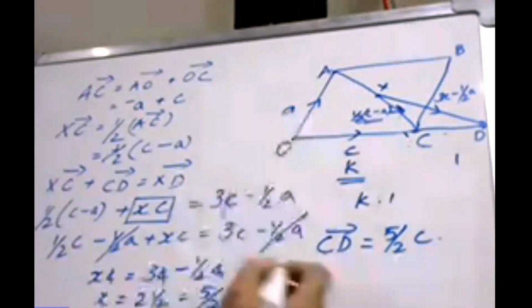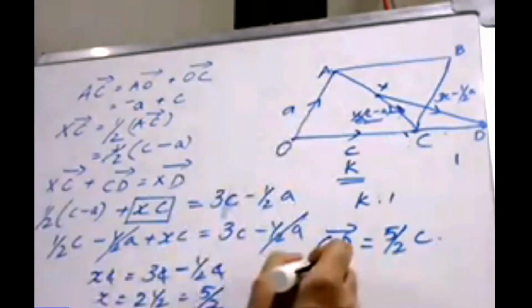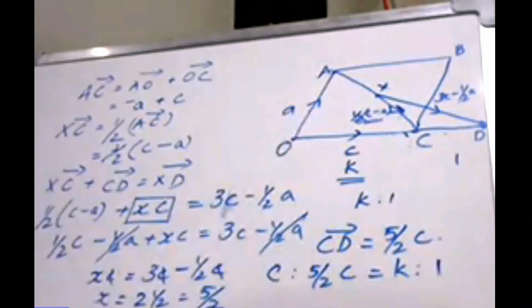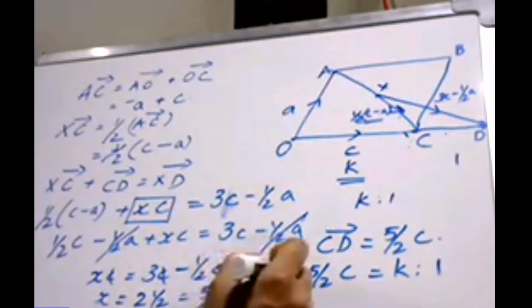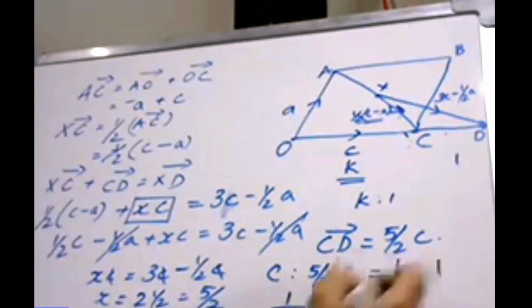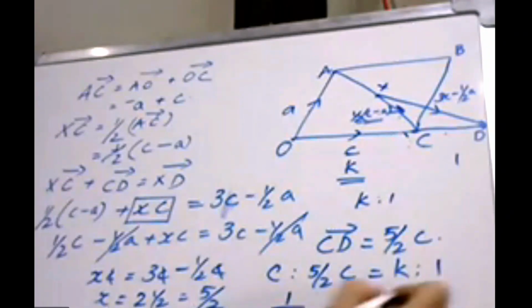So now I can equate the ratios. CO is to CD: C is to 5/2 C is equal to K/1. I can remove the C and C, so 1/(5/2) is equal to K/1.